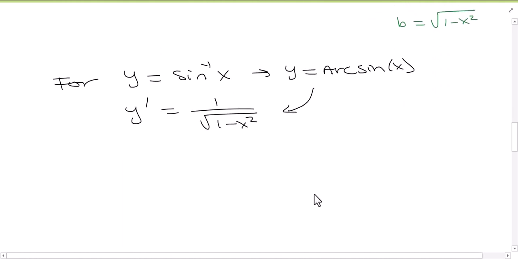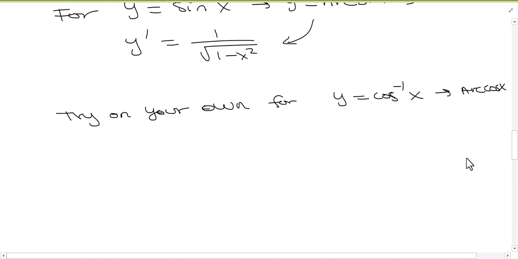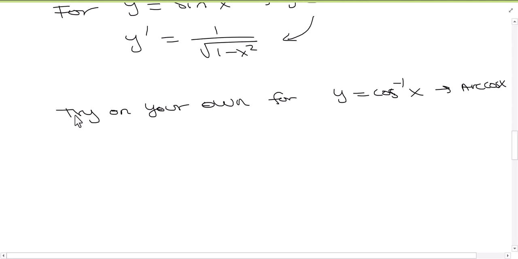So what I would like you to do is try it on your own for cosine inverse. For y equals inverse cosine of x. And another name for this is arc cosine. And so you'll see what the derivative of that is.